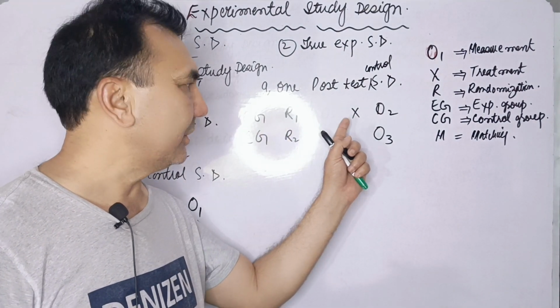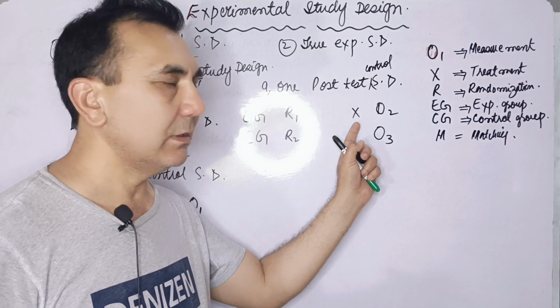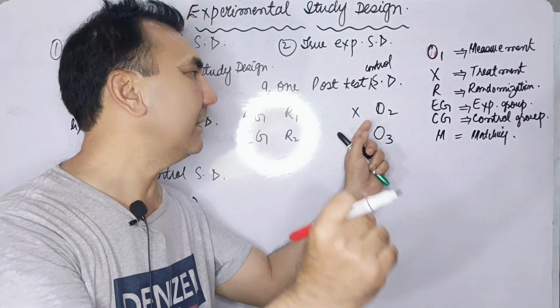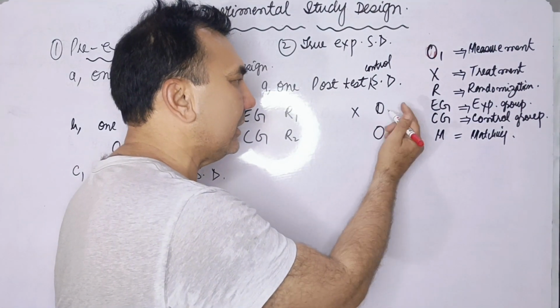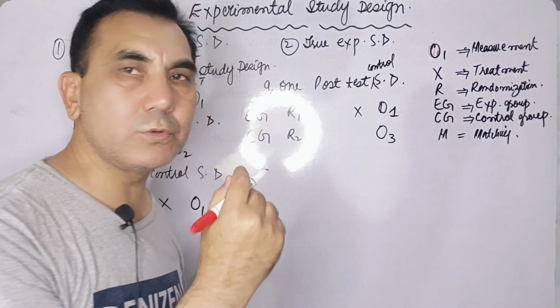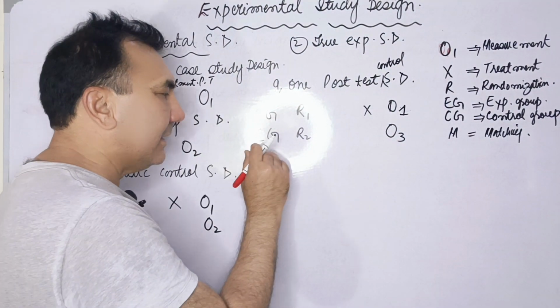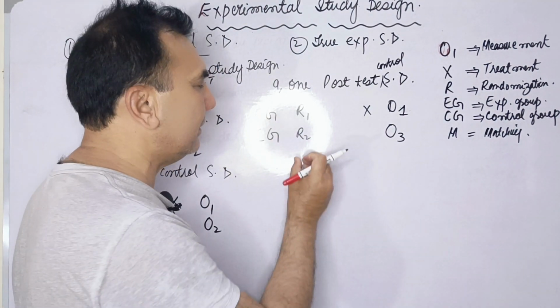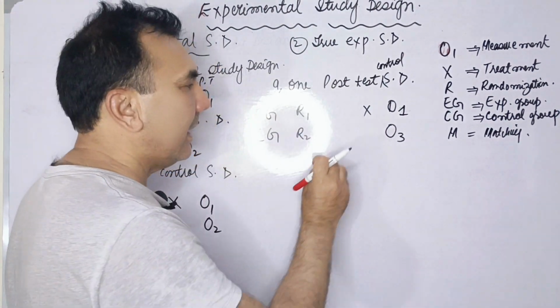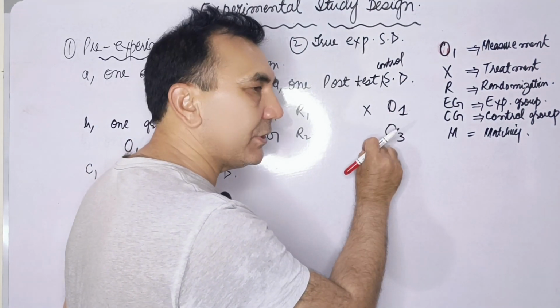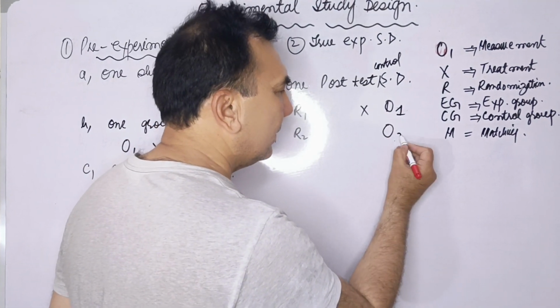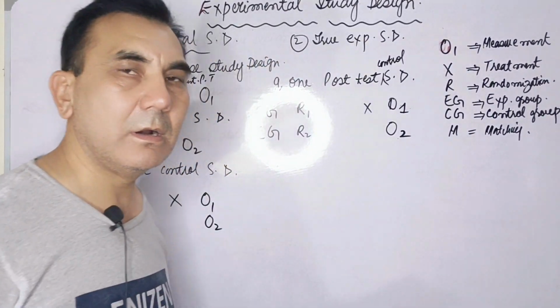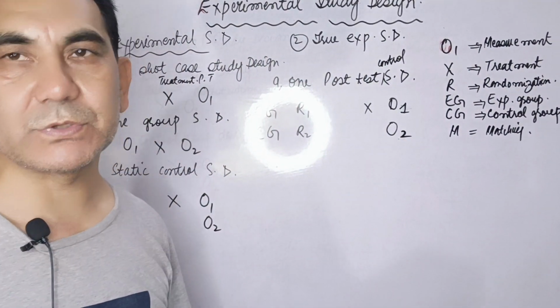After the randomization, the experiment group is exposed to a treatment, then the researcher measures the outcome in the post test. And the control group, assigned through randomization, is not exposed to any treatment, and the researcher goes directly to measure the post test.